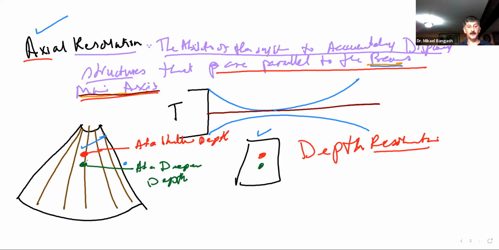One structure has to be superficial, the other one has to be deep. So it's a resolution that distinguishes structures in depth from one another. That's why we can also refer to it as depth resolution.